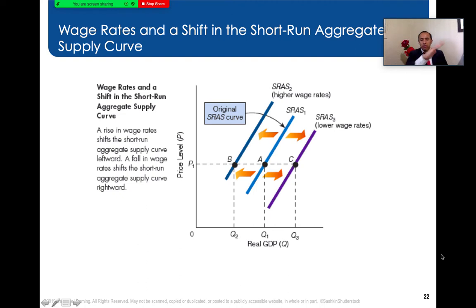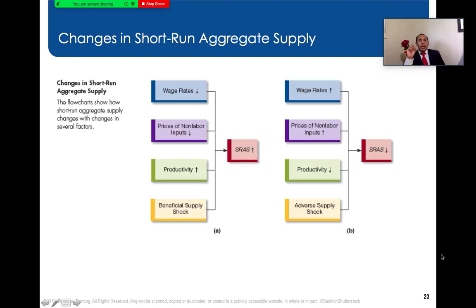So the curve can shift to the right or to the left. The aggregate supply curve is graphically illustrated here by showing how it shifts. Lower wages, lower prices of non-labor inputs like resources and other raw materials, productivity increases, and beneficial positive supply shocks can increase the aggregate supply curve in the short run.